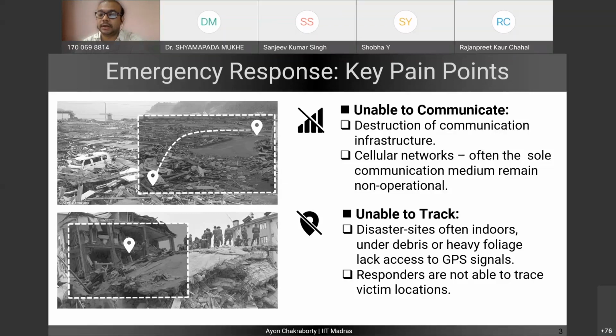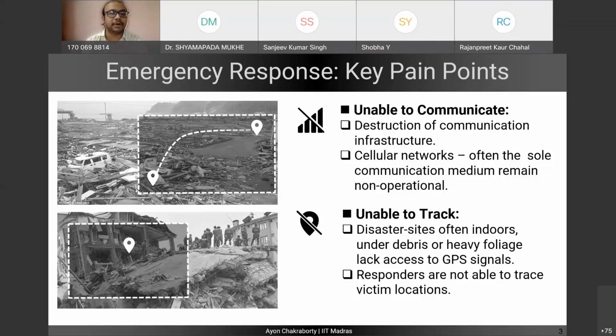So disaster sites are often indoors or under debris or heavy foliage, and they lack access to GPS signals. So they're not able to trace the victims' locations, or sometimes they are not even able to trace their own colleagues or even themselves, right? So it is very difficult for them to prioritize the efforts in a certain area. So I need to send more troops to an area where you need them more, right?